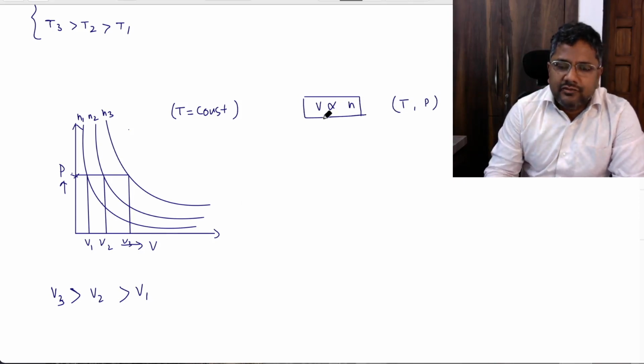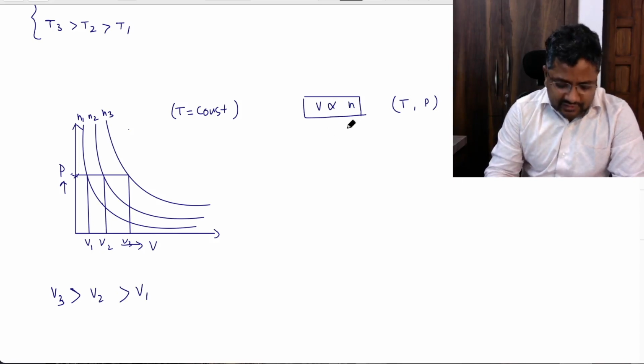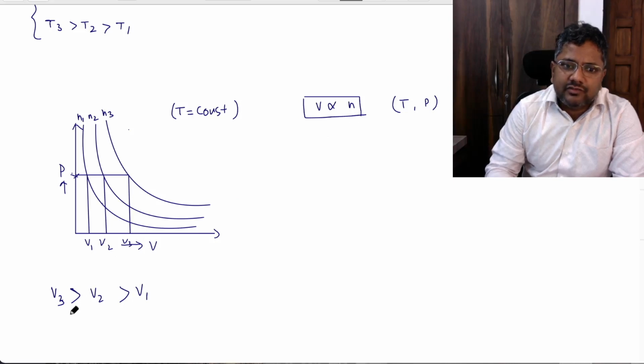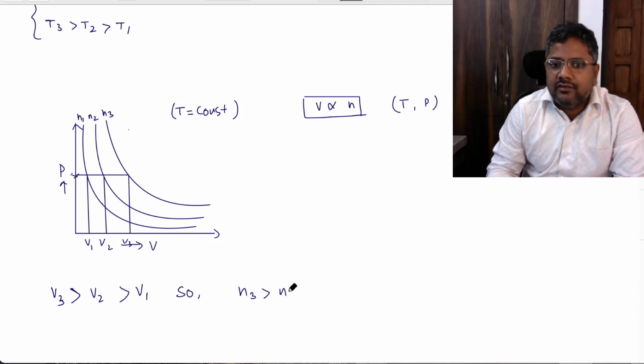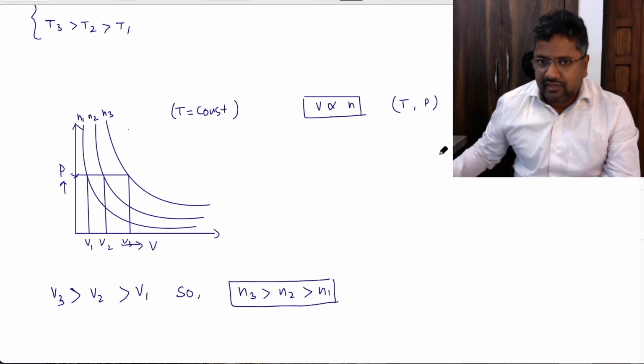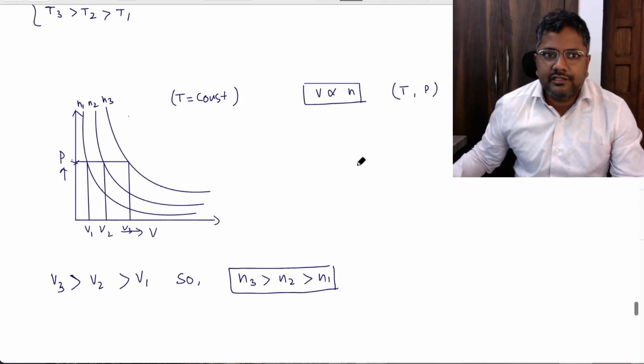This is Avogadro's law, all of you know this. So V3 is greater than V2 is greater than V1, so you can write N3 is greater than N2 is greater than N1, right? So in this way you can answer such type of questions, right? Okay.